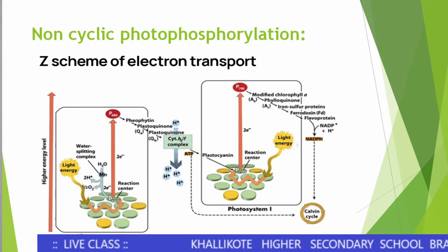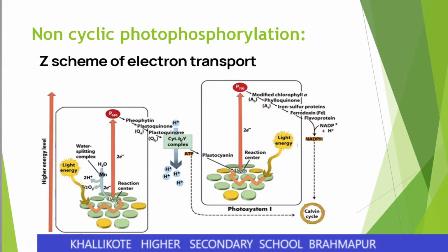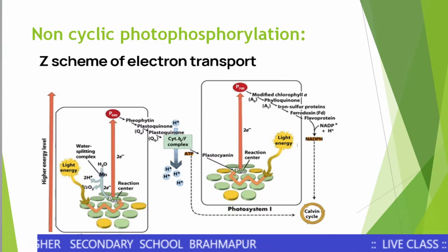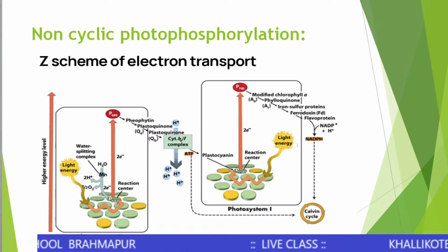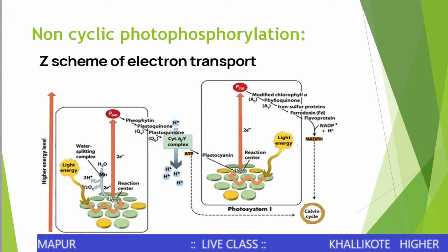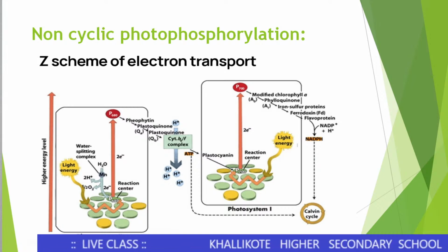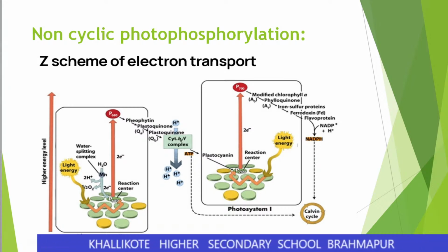So what happens to P680, which is now oxidized, or in a positive state? The oxidized P680 molecule is a strong oxidant and it will exert a pull on the water molecules that are present in the lumen of the thylakoid.